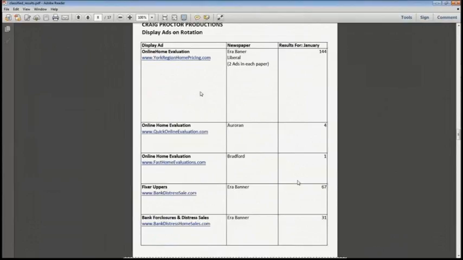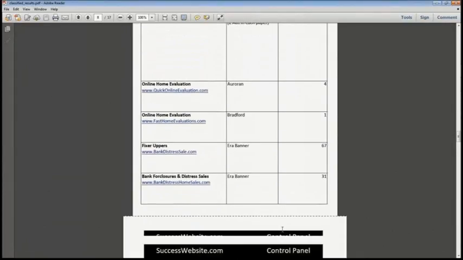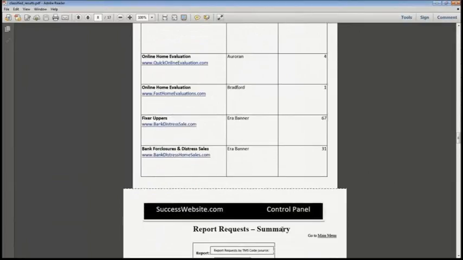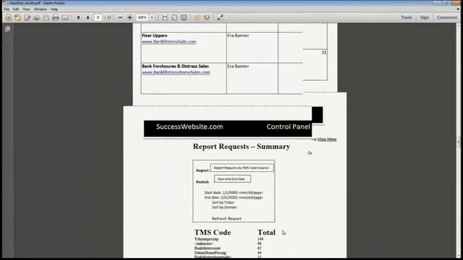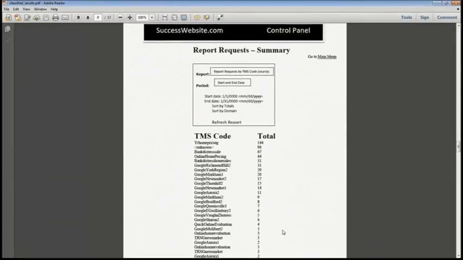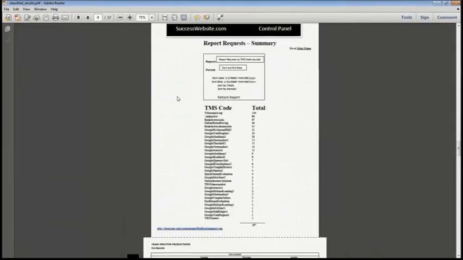Let's have a look at it here again. Online home evaluation campaign in the Era Banner, 144 leads. In the Auroran, 4. In the Bradford Times, 1. Fixer Upper in the Era Banner, 67. Bank foreclosure and distress sales in the Era Banner, 31.